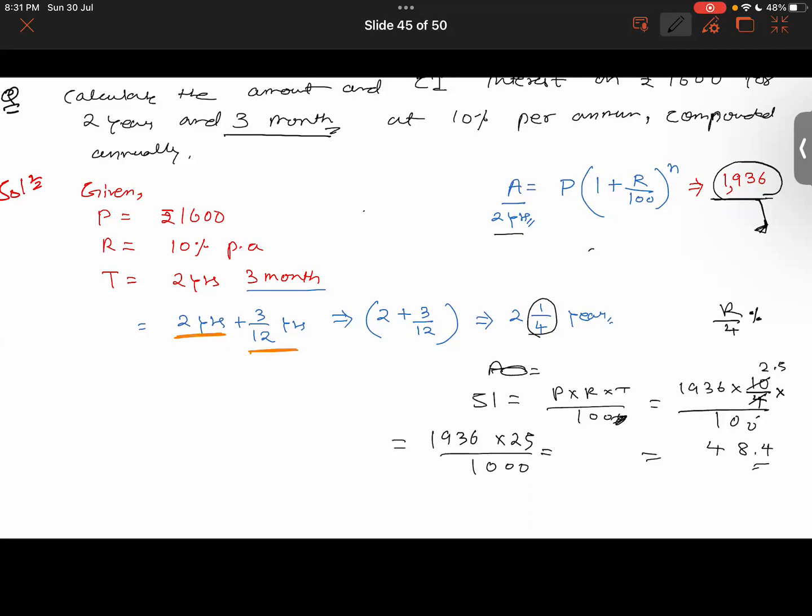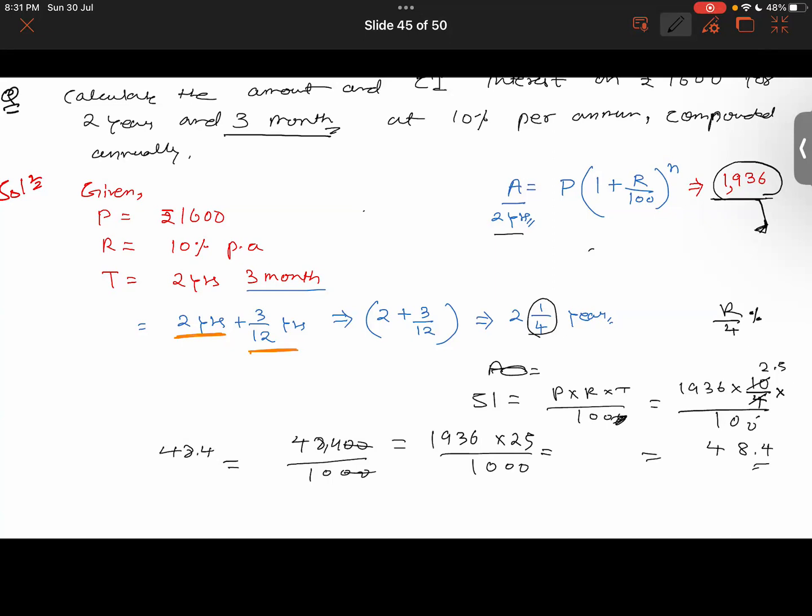So 1936 multiplied by 25 is going to be 48,400 and then divide by 1000. So that gives me how much? 48.4. Getting it, guys? Sir, I got 9.68. No, it's going to be 48.4, Arhan.